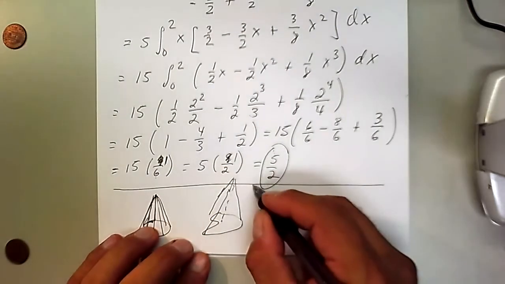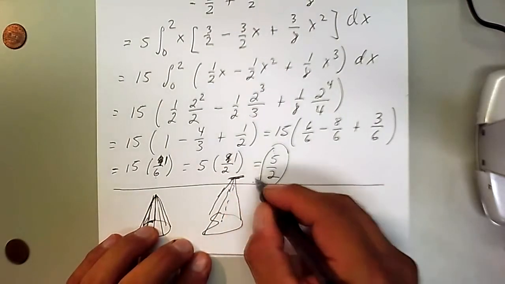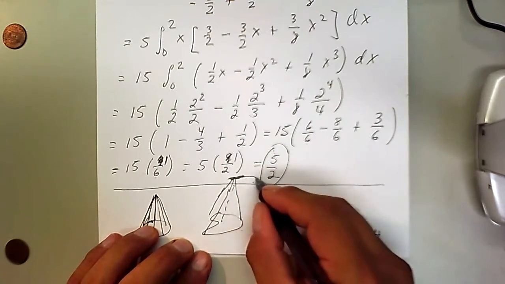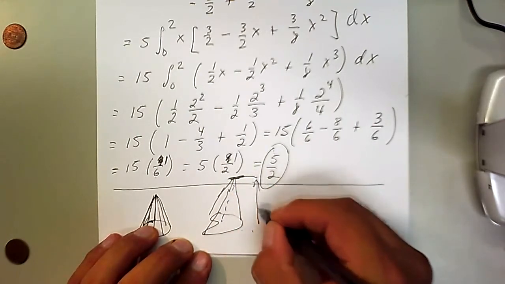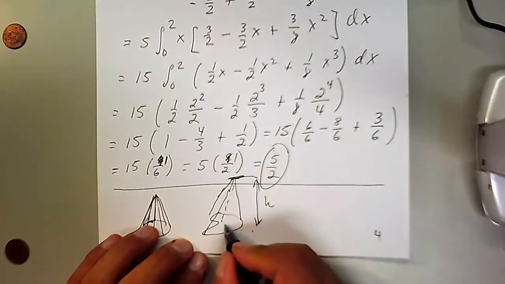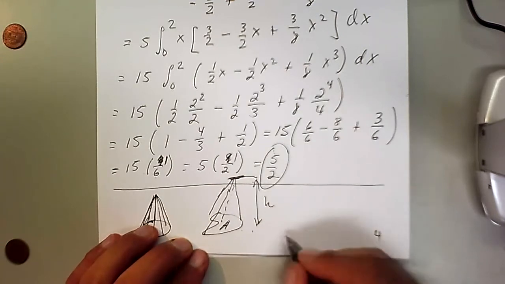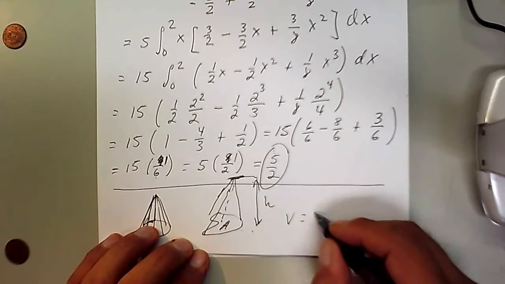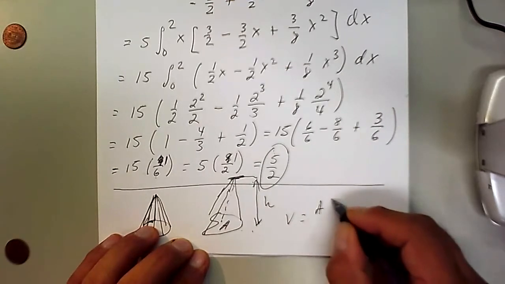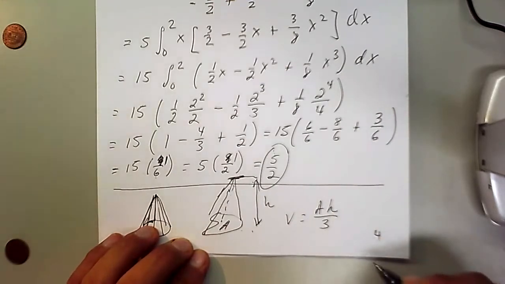The height of a pyramid is taken from the tip to the floor. The vertical distance is what we call the height. Label A as the area of the base. And the volume of such a generic pyramid is the area of the base times the height divided by 3.